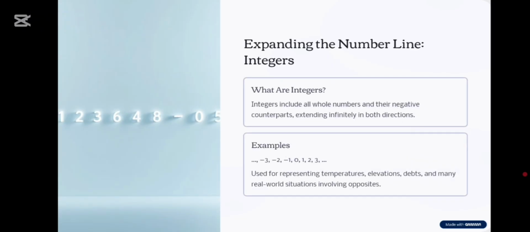All right, now we can talk of expanding the number line, which in simple terms we call integers. Now what are integers? Integers include all whole numbers and their negative counterparts, extending infinitely in both directions. If you look at a number line, on your right hand side we have positive numbers starting from 0.